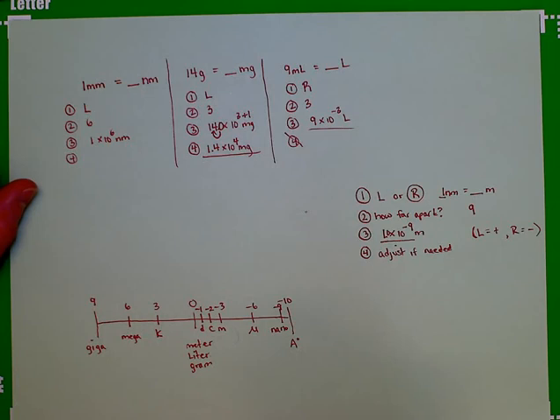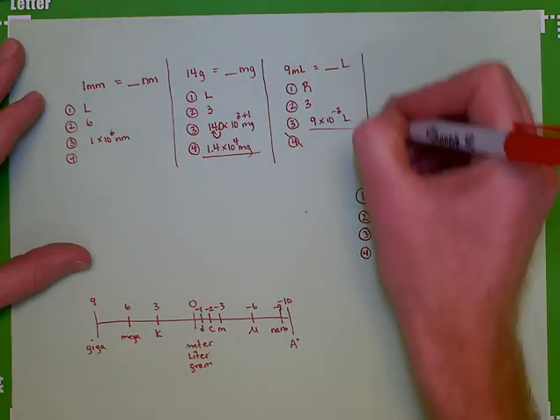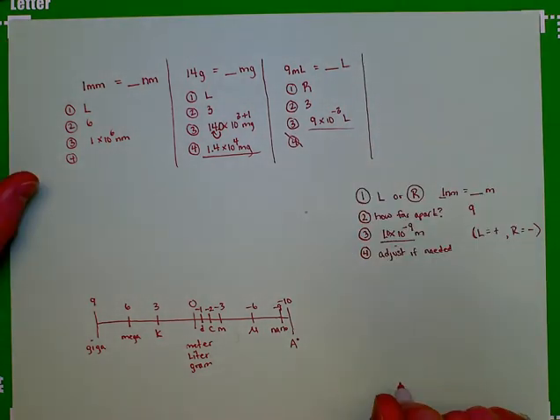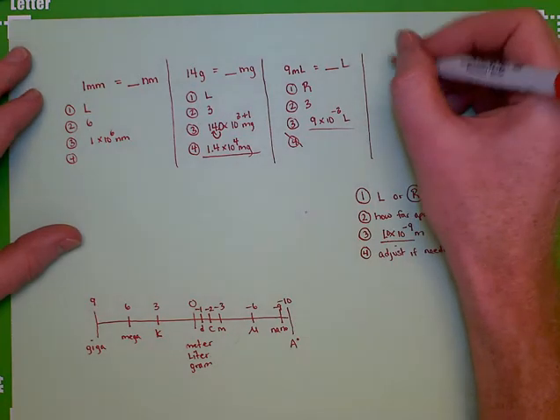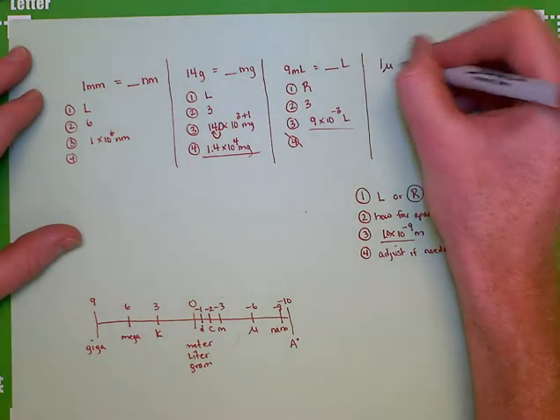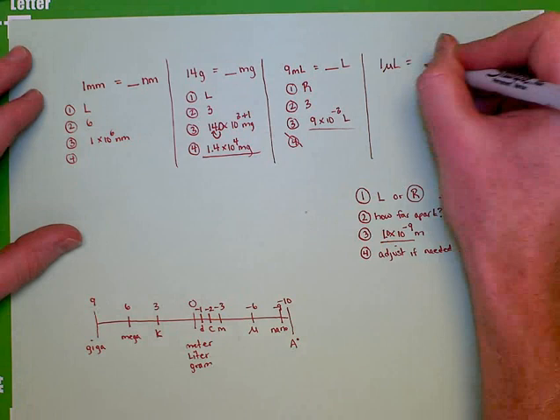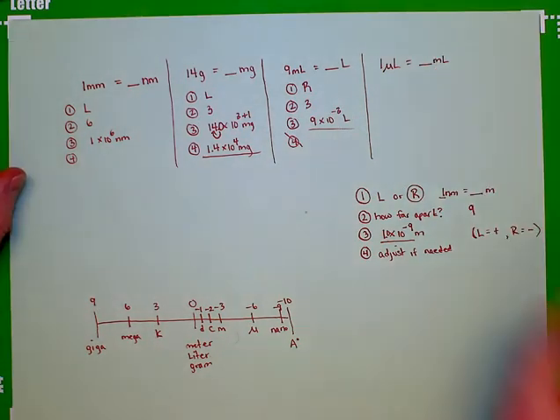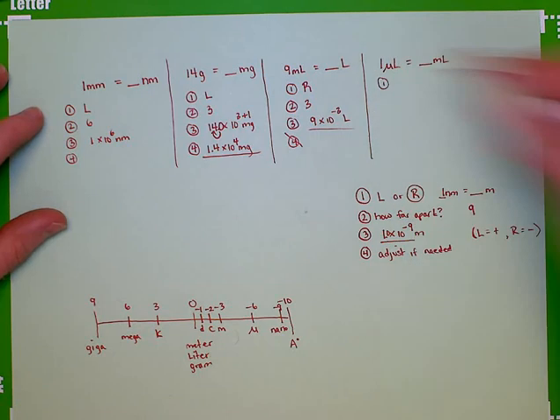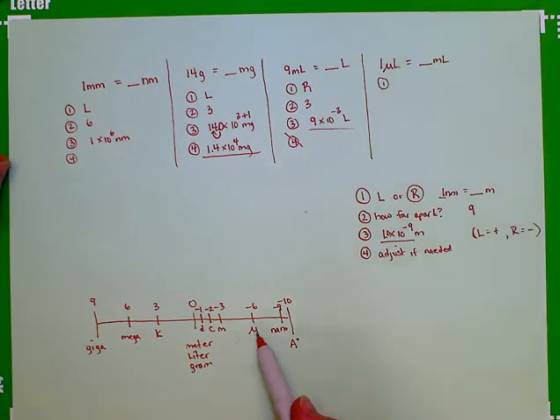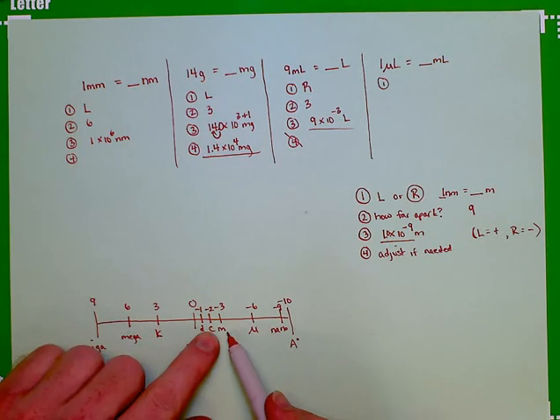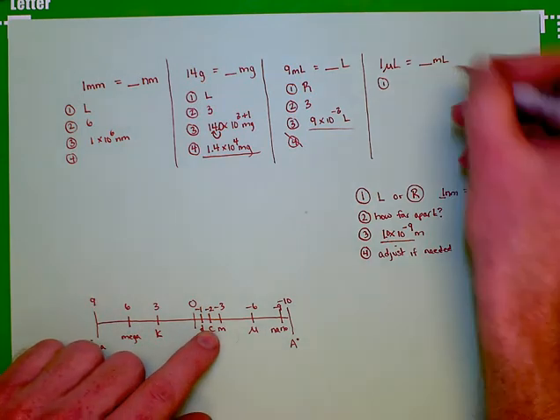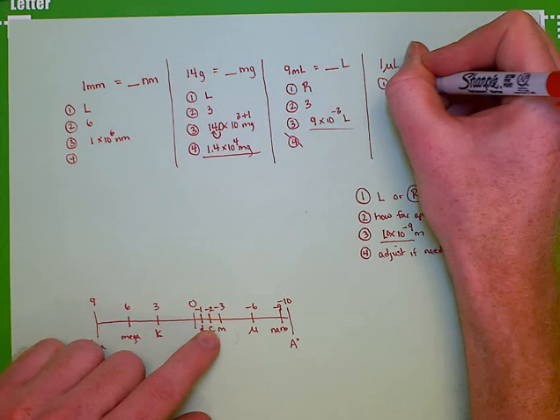Okay, let's do another one. Let's see. 1 microliter is equal to how many milliliters? All right, first thing, which side has a larger unit? We look down here. Here's micro. Here's milli. So milli is the larger unit. Therefore, that's the right hand side.